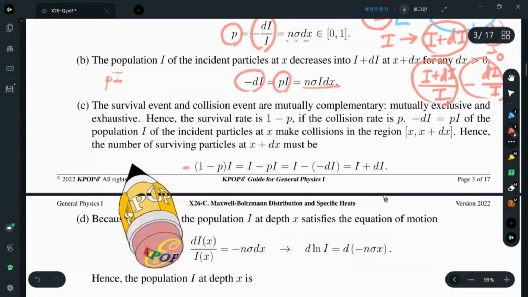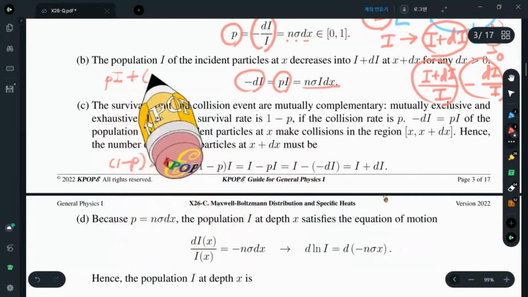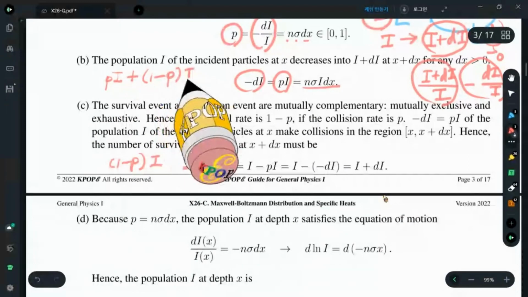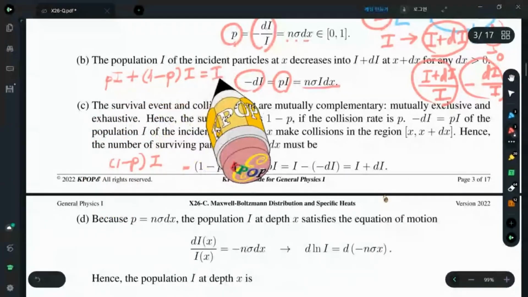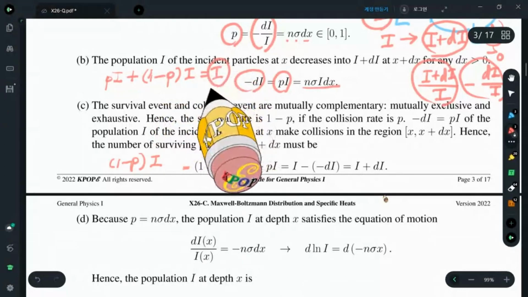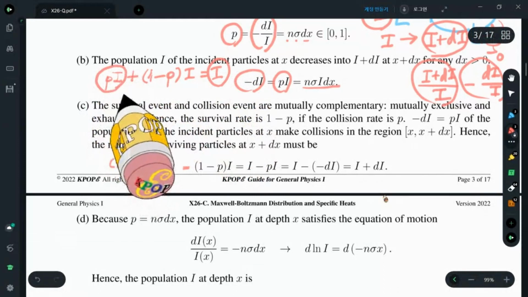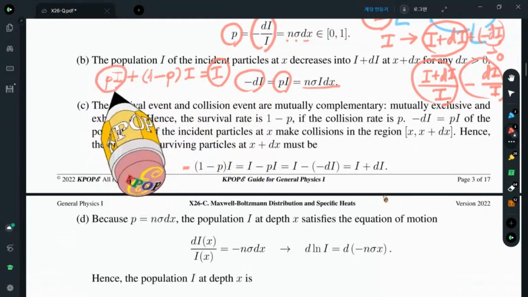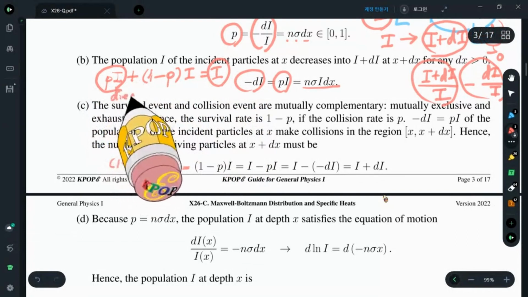This is 1 minus p. This is the initial population, and this is the population of making a collision, so it died.